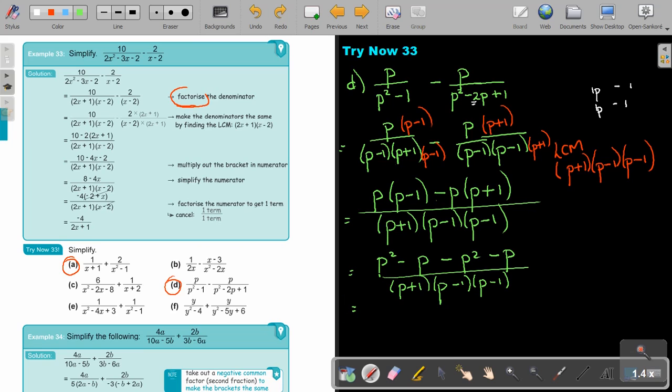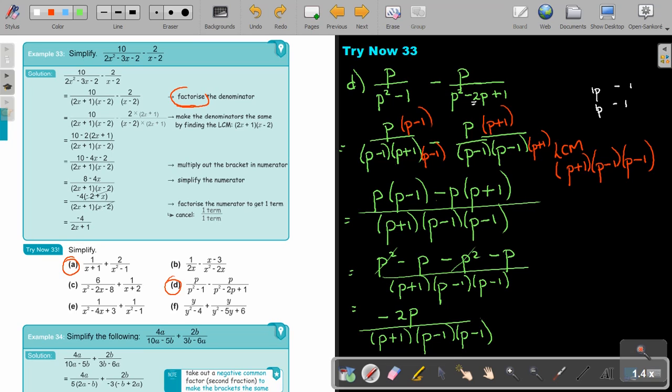Okay, this will cancel out, do you see? And there is negative 1, so it's negative 2P over P plus 1, P minus 1, P minus 1.